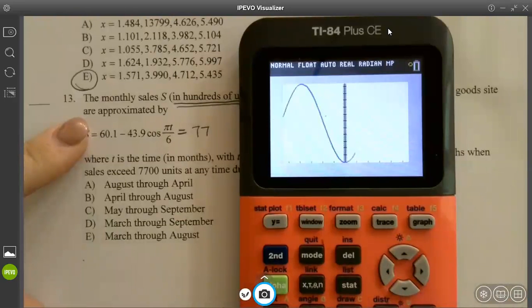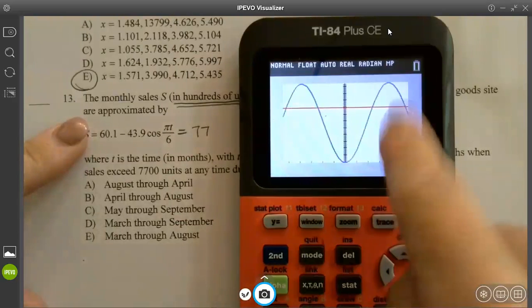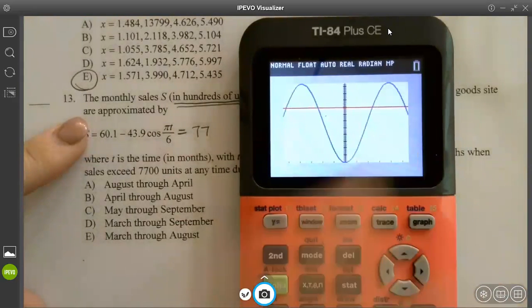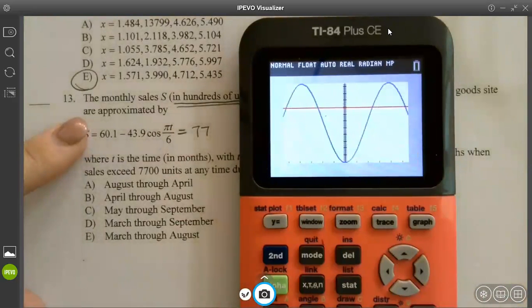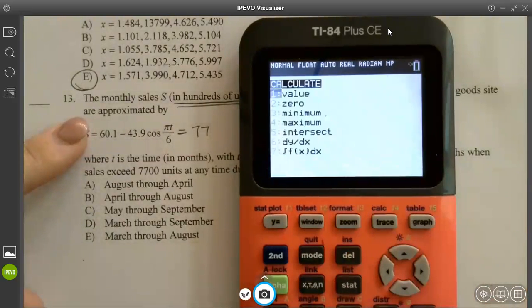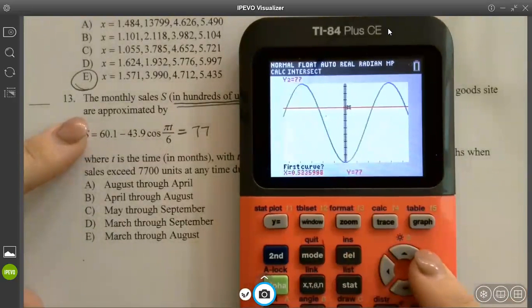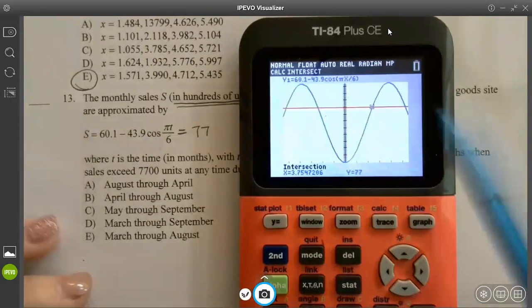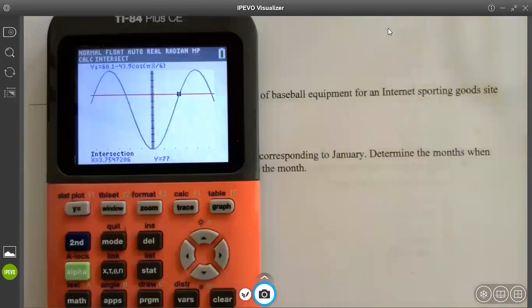There's the first one. There's the second one. I have two solutions in the positive. Why do I want positive? Because we can't have negative months. Everybody understand that. It's got to be positive. Second trace intersect. I'm going to go over here. So we have 3.75.